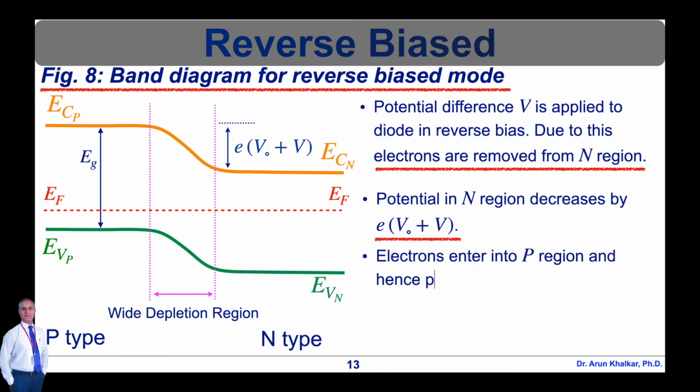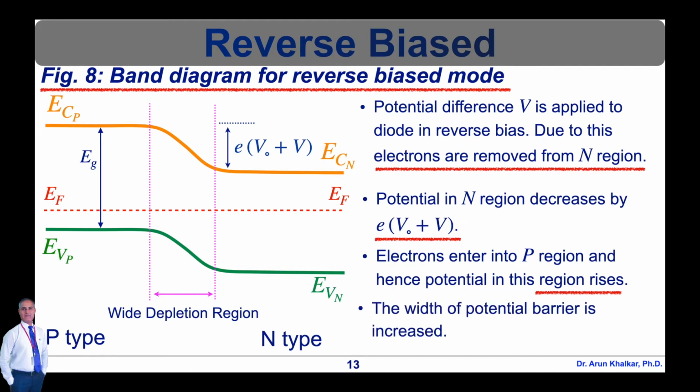Electrons in the N region now face a higher potential barrier. The width of the potential barrier is increased. Hence electrons from the N region cannot cross the junction easily to enter into the P region and the electron flow decreases. However, a small leakage current flows through the junction, which constitutes the reverse bias current.